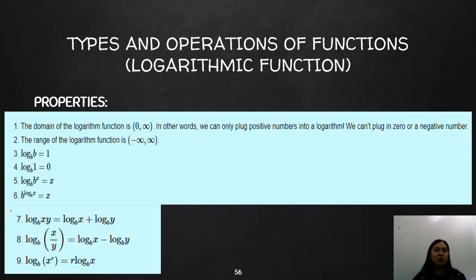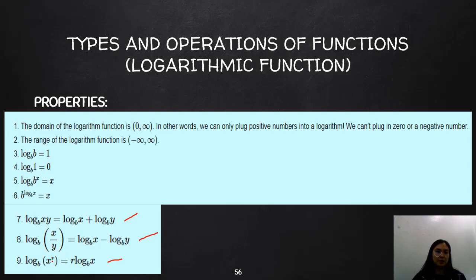What I want you to take a look more is 7, 8, and 9. So, di ba, log of xy to the base b is simply equivalent to log of x to the base b plus log of y to the base b. And kung division naman yung naging operation, mapapalitan lang siya ng negative sign.